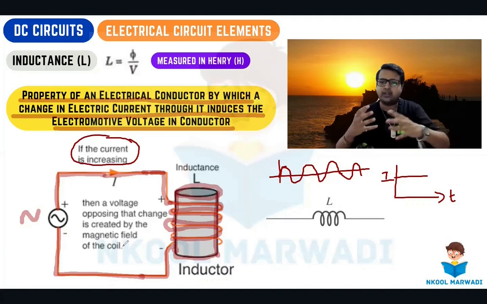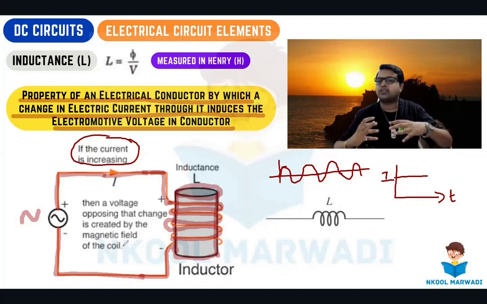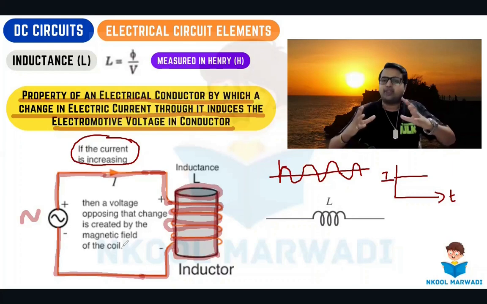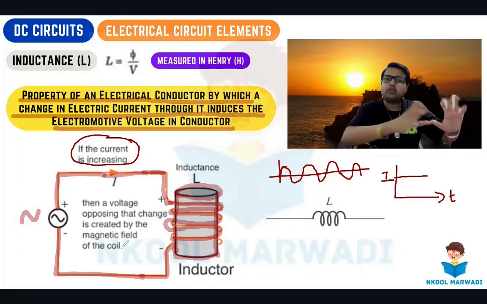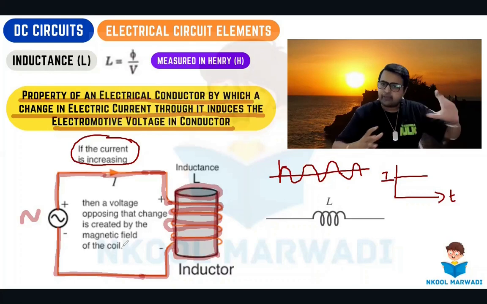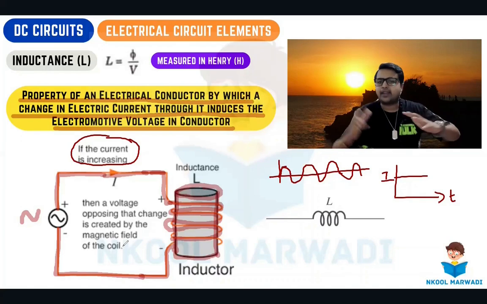So let us feel what exactly is happening. There is a basic property which says that it will try to oppose any change. If current increases, it will try to oppose that increase. If the current decreases, it will try to oppose that decrease.